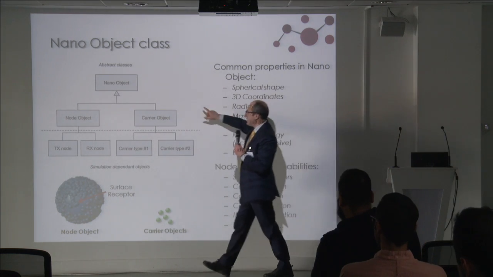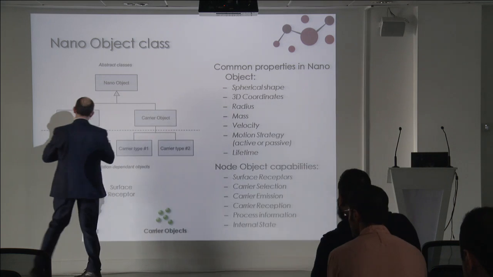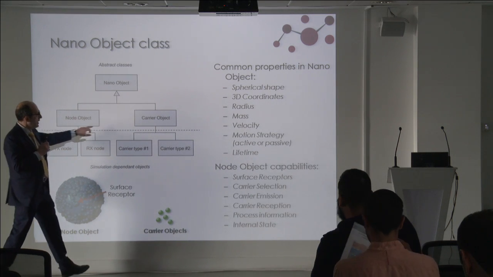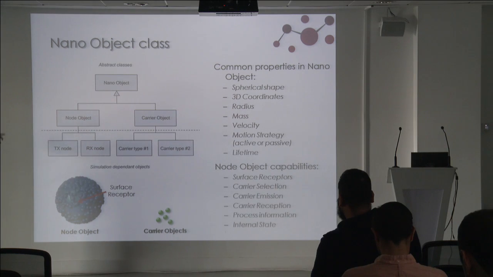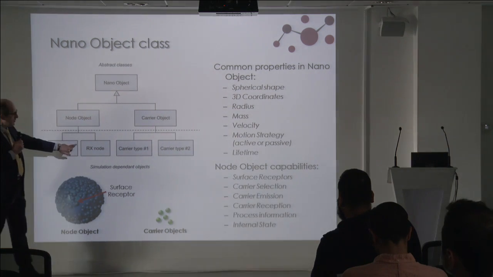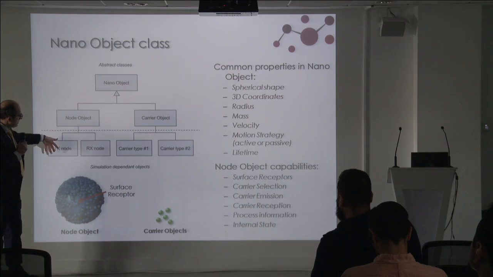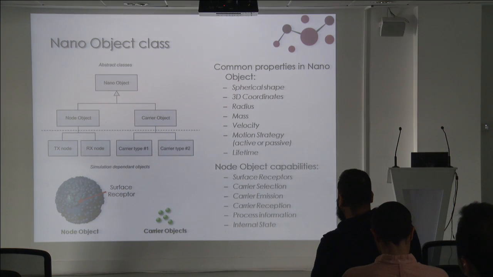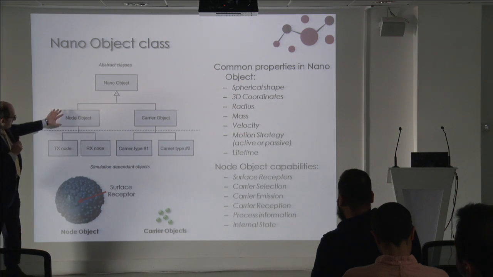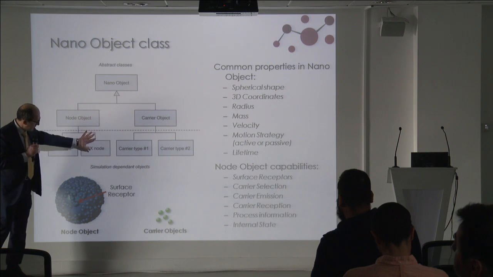From the nano-object class, we can specify node objects and carrier objects. Node objects: transmitter node, receiver node. These nodes can be described in different nested abstract levels. We can go into deep detail in defining transmitters and receivers.